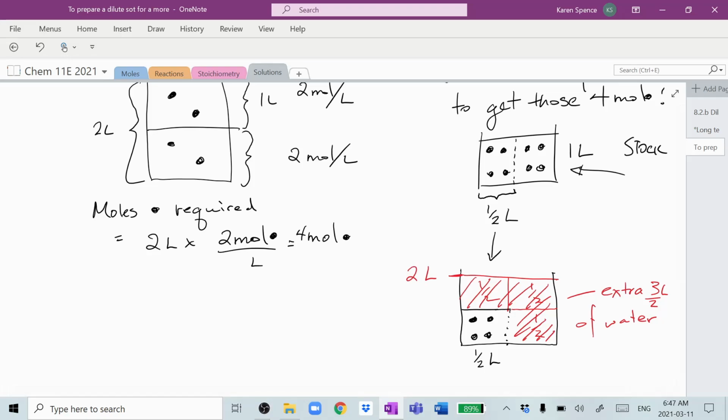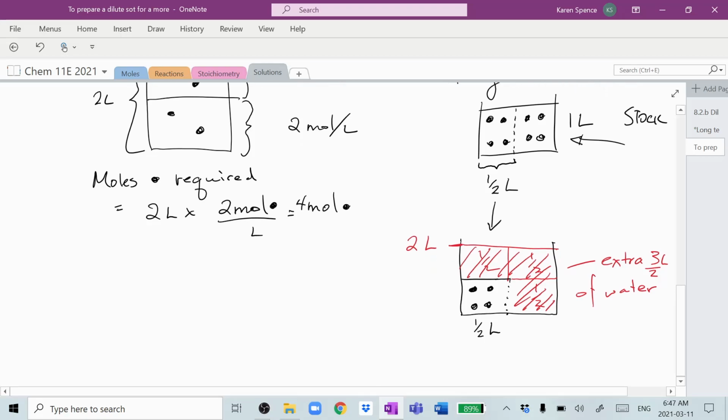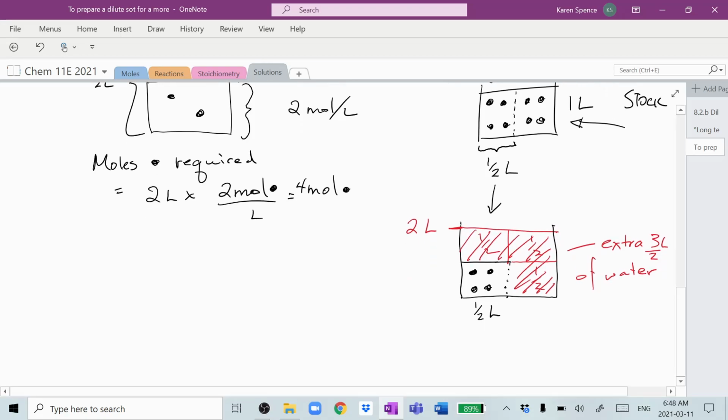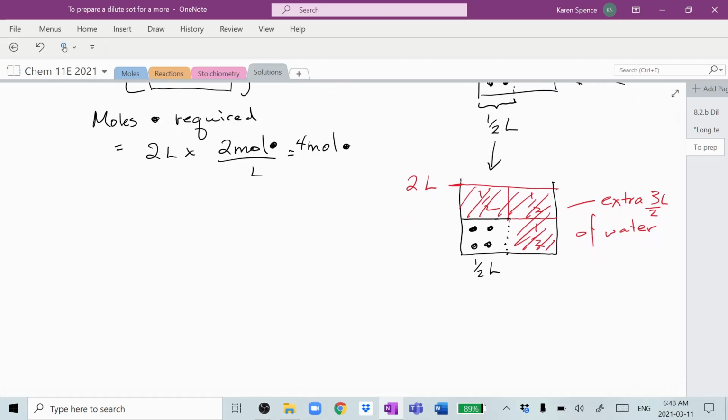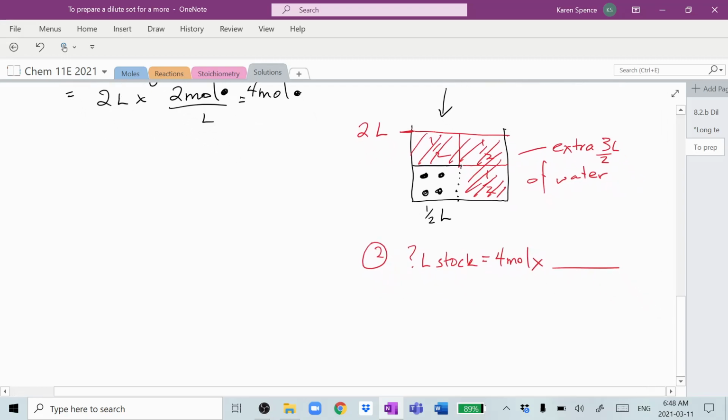All right, now I'm not going to be drawing these pictures every time because that's just crazy talk. So for step 2, instead of doing that, for step number 2, I would calculate how many liters of stock solution do I want? Well, I need to contain 4 moles, and I need to cancel moles and find liters.